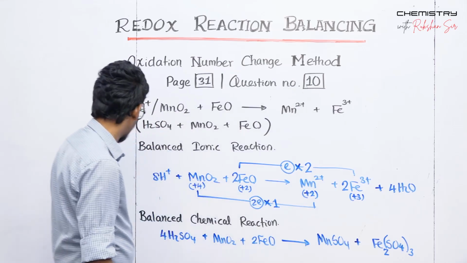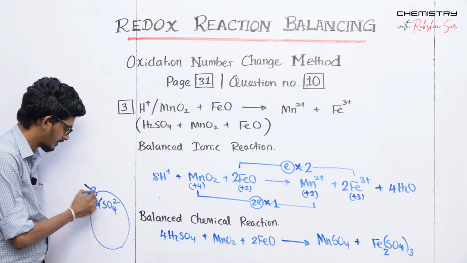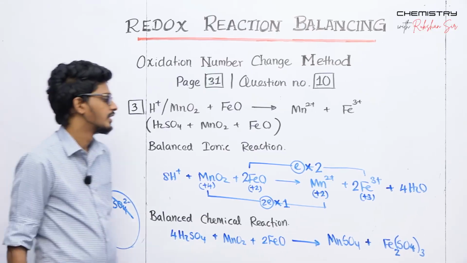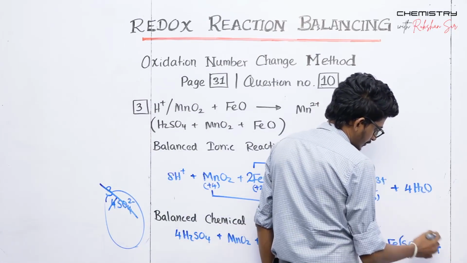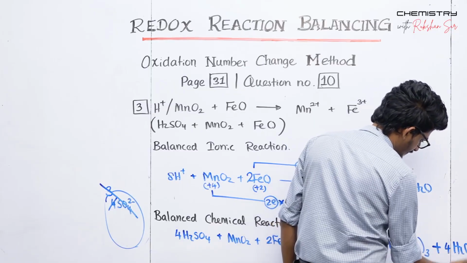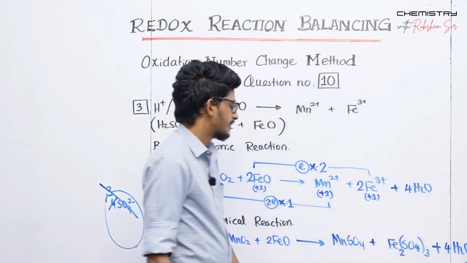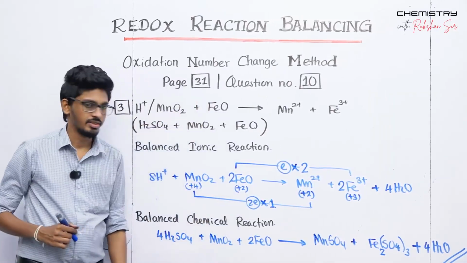The 3 sulfates which were with me were used, so that is gone. Just write the chargeless species there, the water. So this is your balanced chemical reaction. Now just complete it.